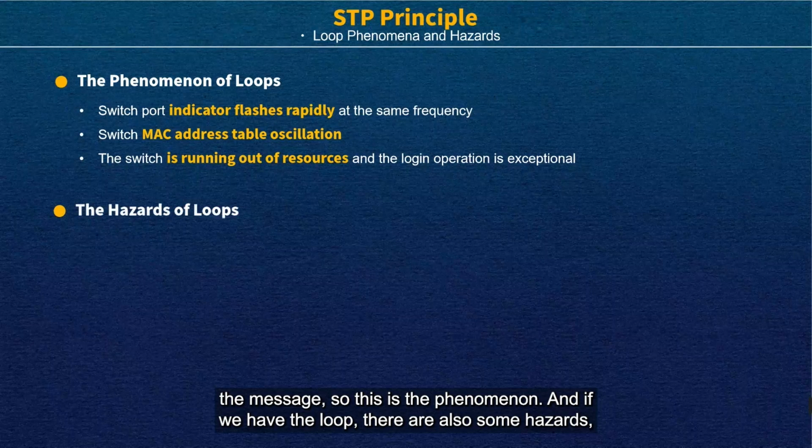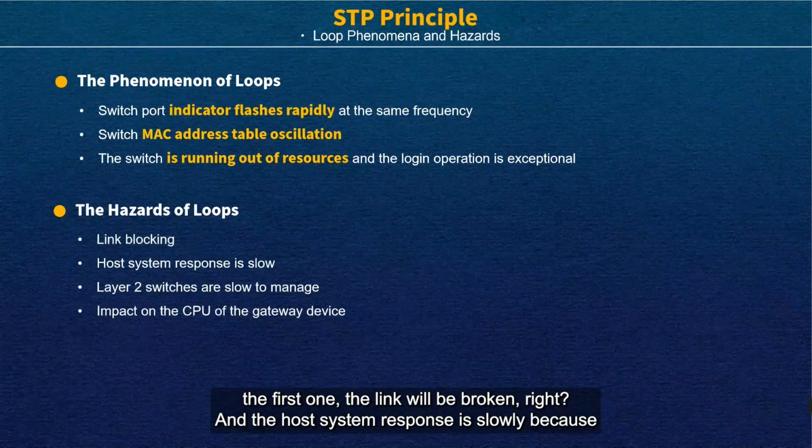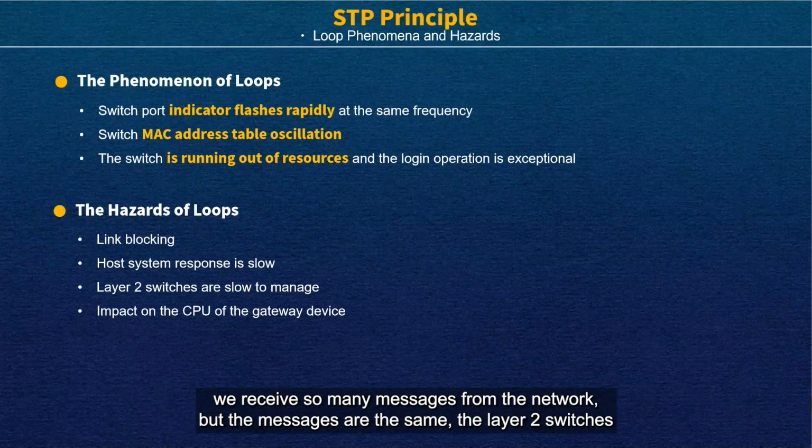And if we have a loop, there are also some hazards. The first one: the link will be broken, right? And the host system responds slowly because we receive so many messages from the network, but the messages are useless.